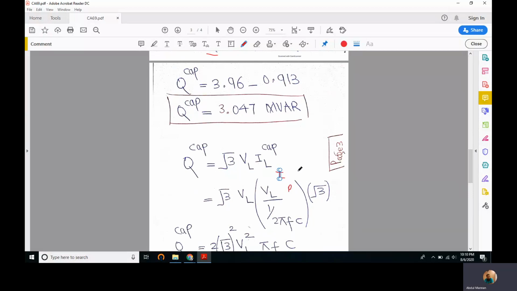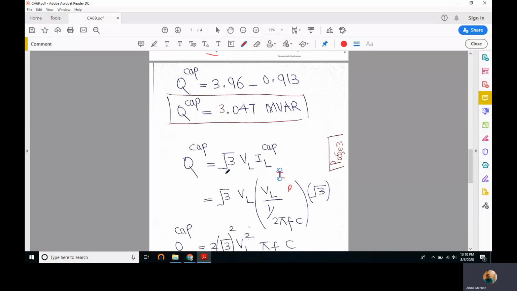Since we are dealing with line quantities, I phase would be multiplied by square root of 3 to make it IL. So we have written this expression in the form of line quantities.